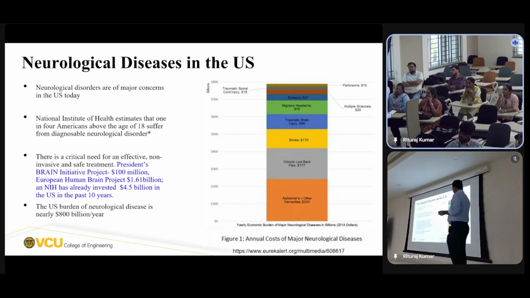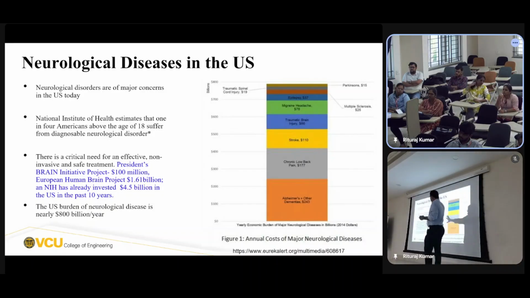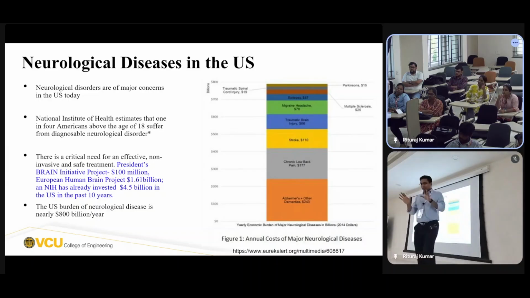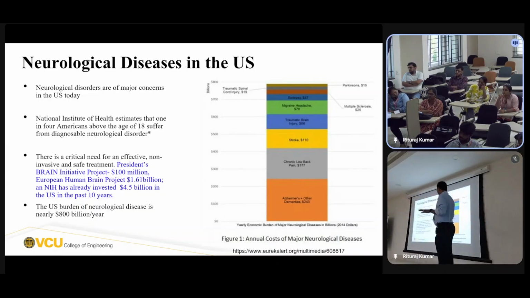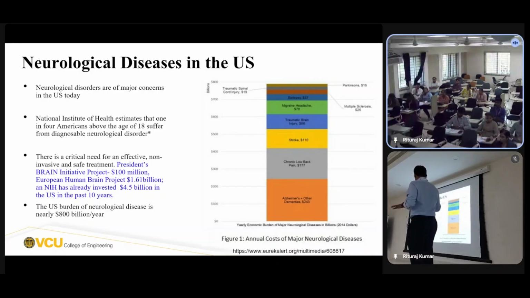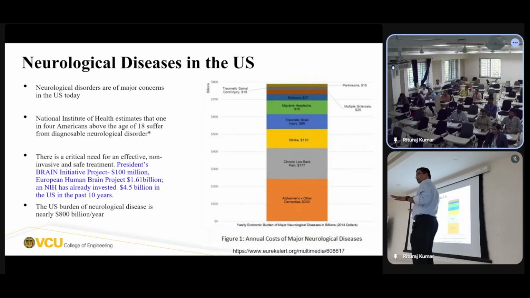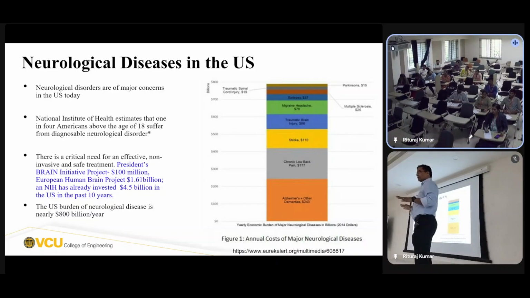Especially when COVID hit and people were stuck at home, that amplified psychiatric conditions even more. Just to give you a picture in terms of numbers, in the US alone, 1 in 4 adults above the age of 18 have some diagnosable psychiatric or neurological condition.